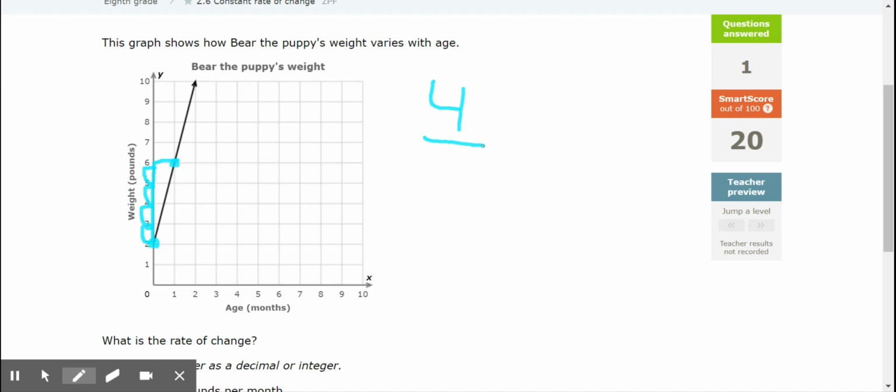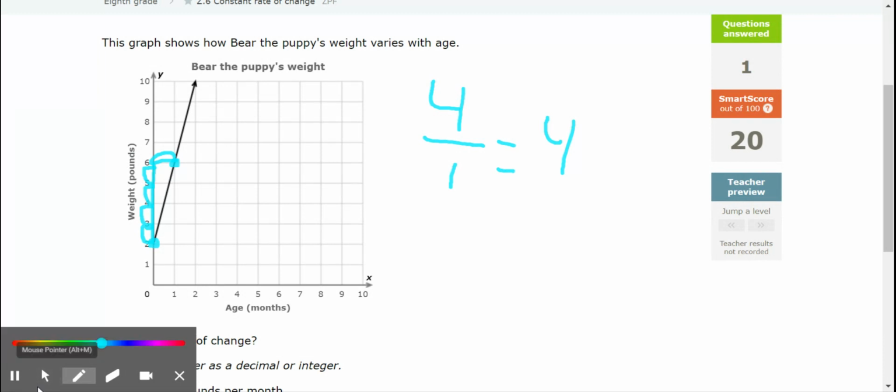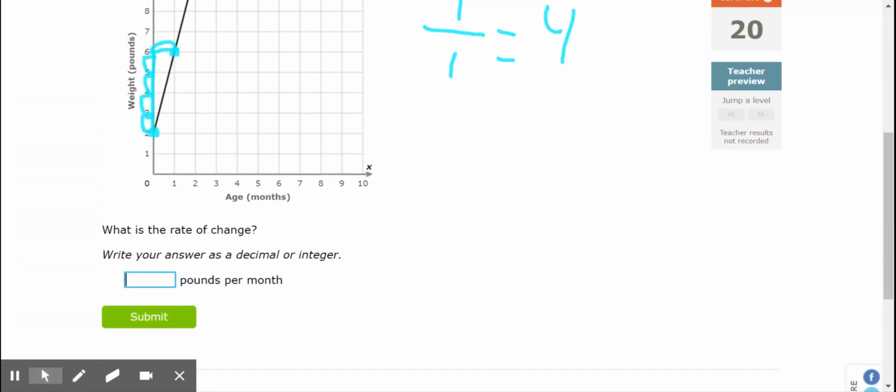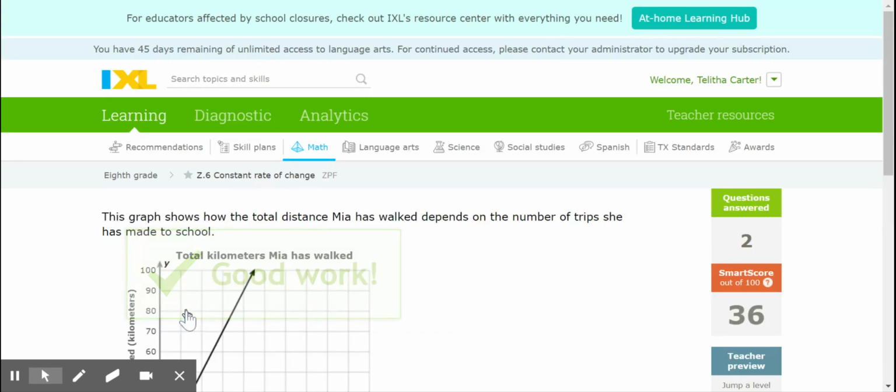So that means my numerator is 4. Let's count my run. That's 1. So my denominator is 1. Divide 4 divided by 1 equals 4. 4 is an integer, which means I can put that as is and submit.